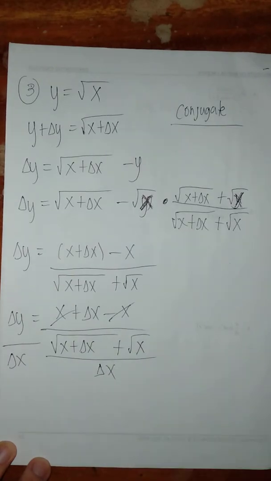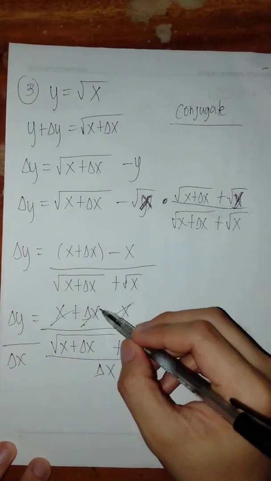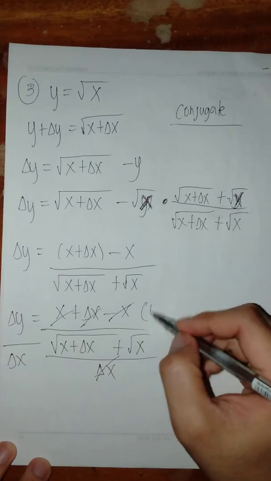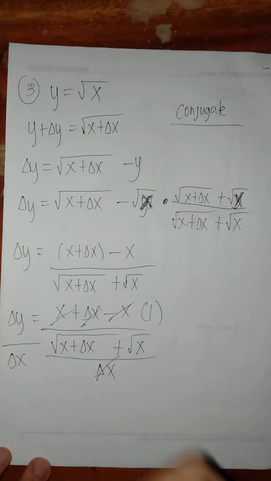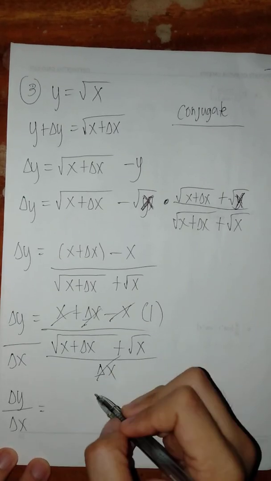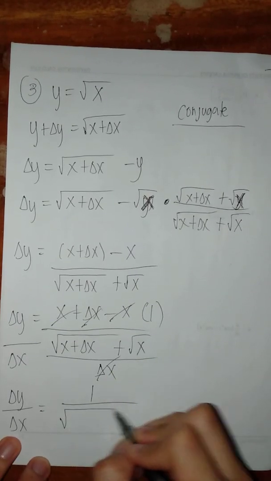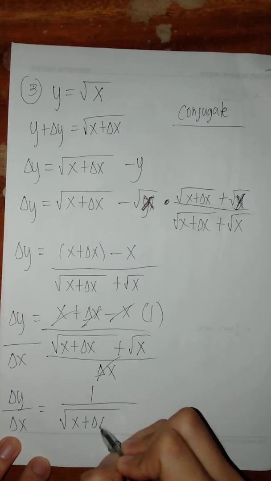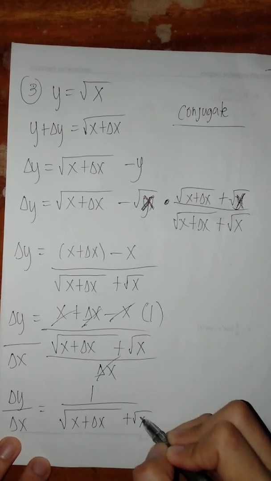Delta x over delta x is 1. So, may step 4 pa. Magiging 1 over square root of x plus delta x plus square root of x.